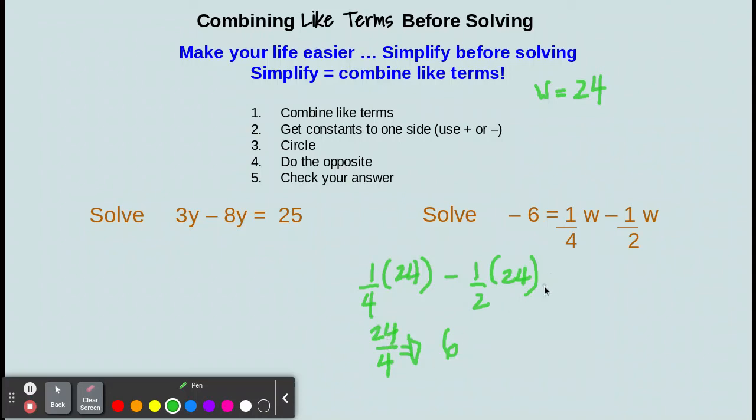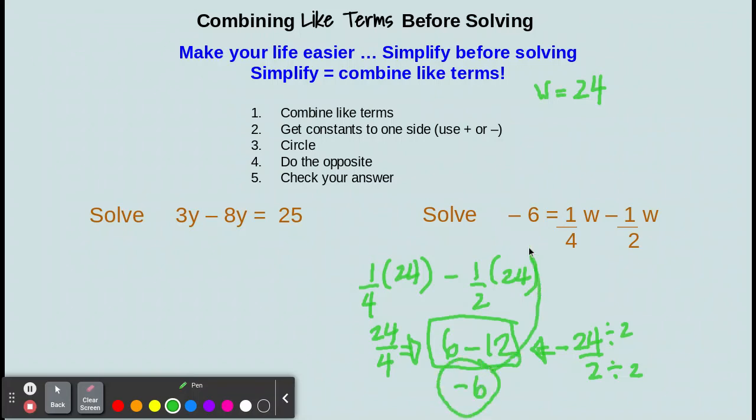And then over here, negative 1/2 times 24 gives us negative 24/2. But that's the same as what? Negative 12. Because the top divided by 2 is 12, or negative 12, and the bottom divided by 2 is 1. So we're left with this. And what is 6 minus 12? It's negative 6. And negative 6 actually matches our original. So our solution up here of w equals 24 is correct.